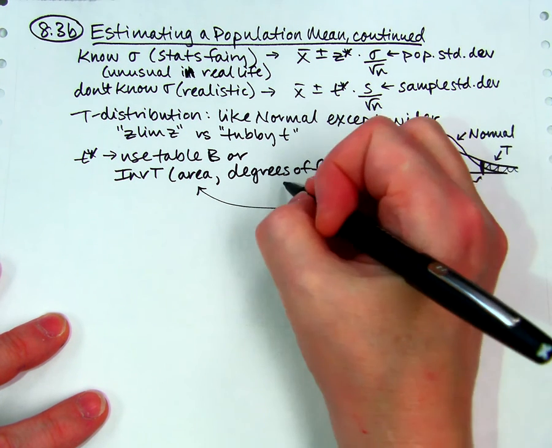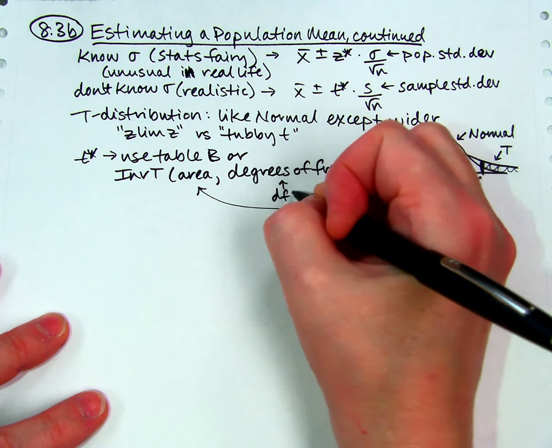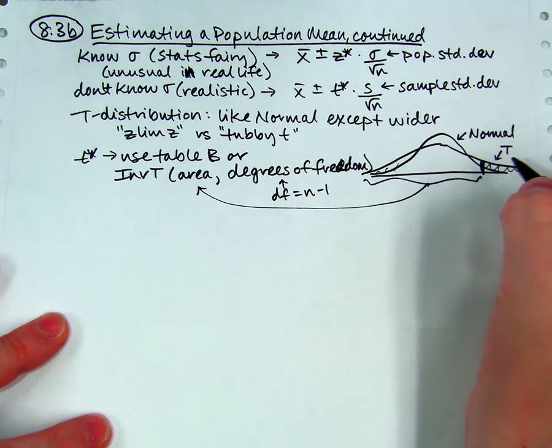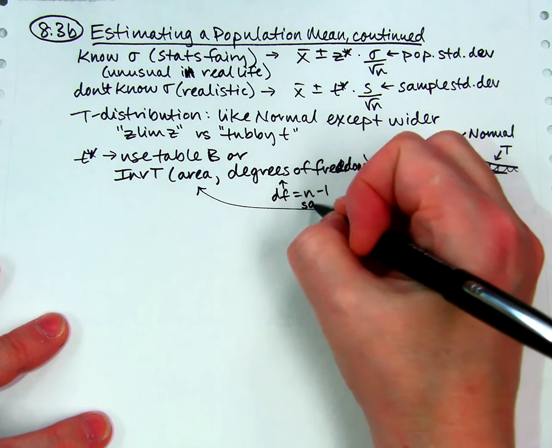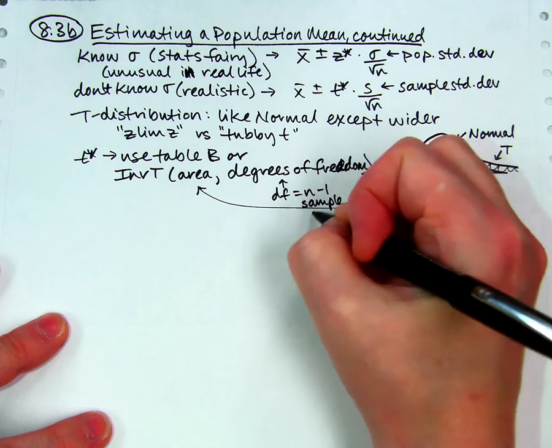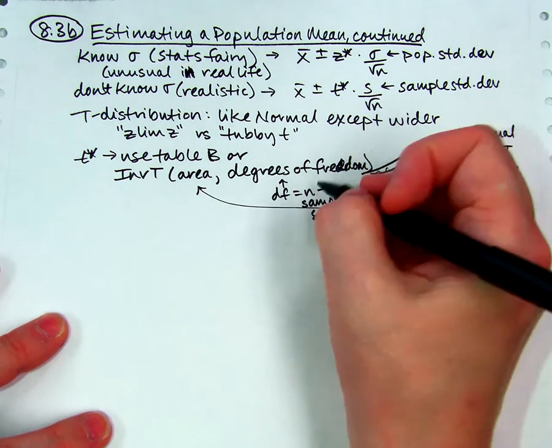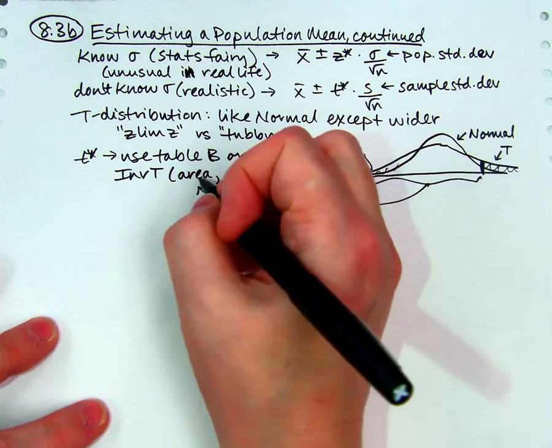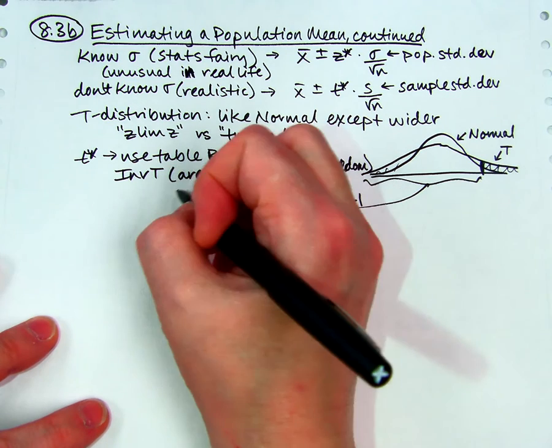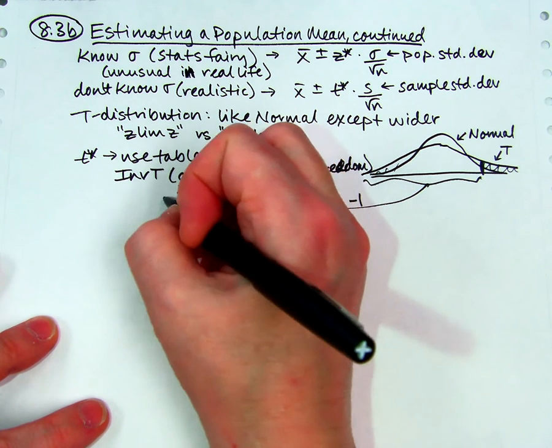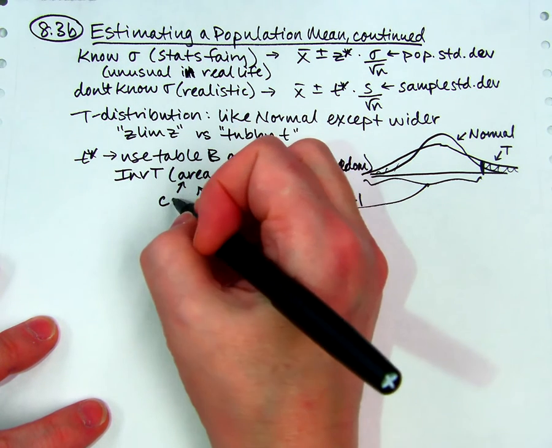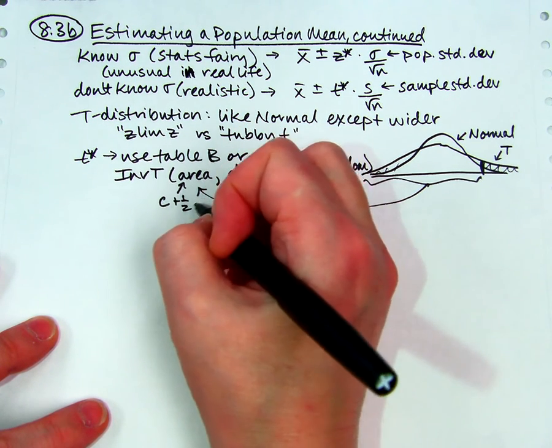And for now, df is always n minus 1, sample size minus 1. The reason why is complicated, and I'm not going to go there. And later it's going to change. So for now it's n minus 1, and then area under the curve is the C, or confidence level, plus half the extra, and we've talked about that lots.